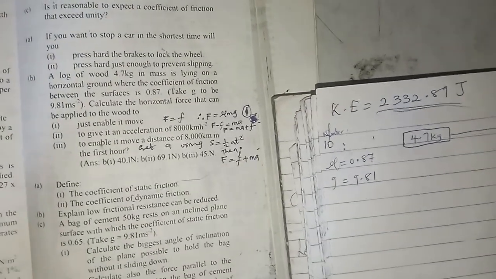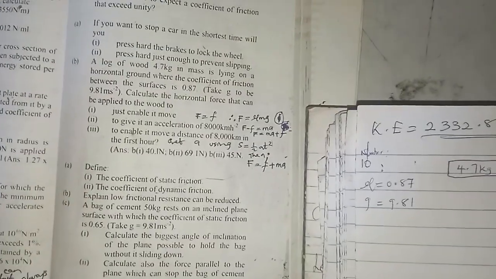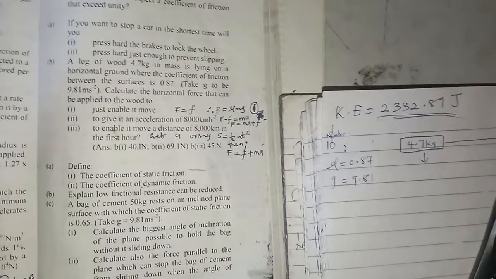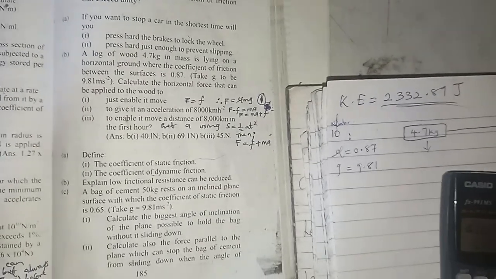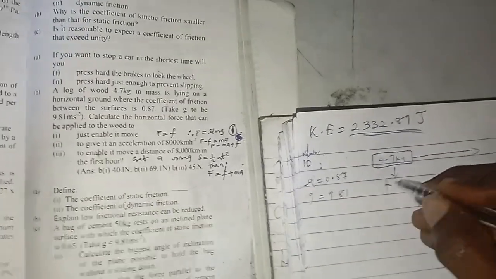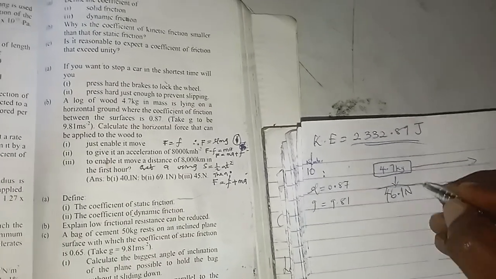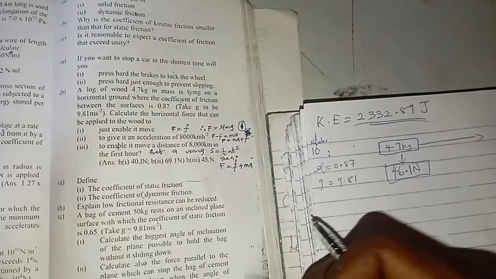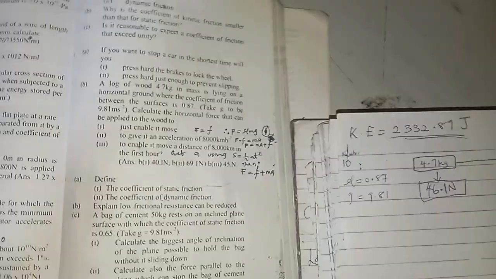Now, this thing is like this. There was no drag, they did not say it was dragged. But I just need to know that the force here, that is the weight, is 4.7 times the 9.81 they said I should use. It will be 46.1 Newton.